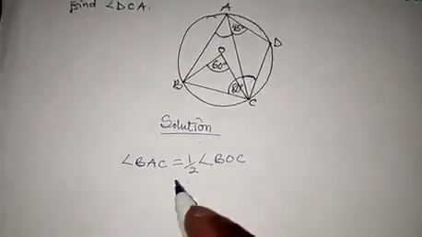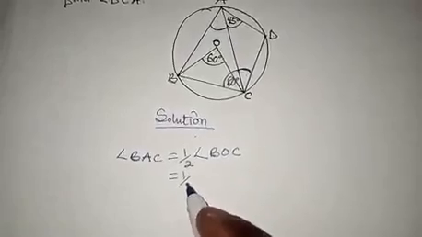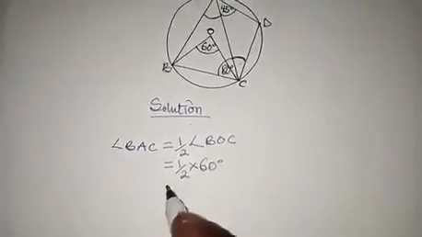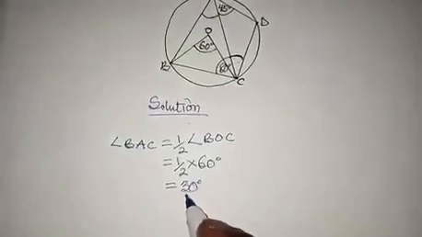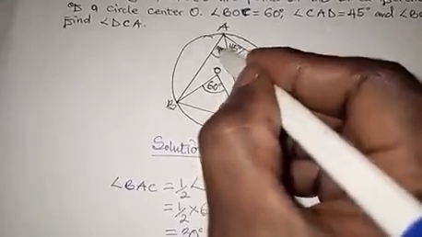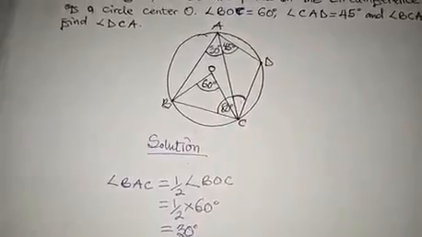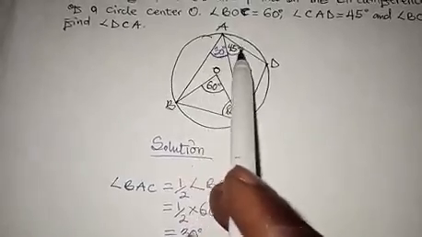We know angle BOC is equal to 60 degrees. So half of 60 degrees will give us 30 degrees. So we have here 30 degrees.